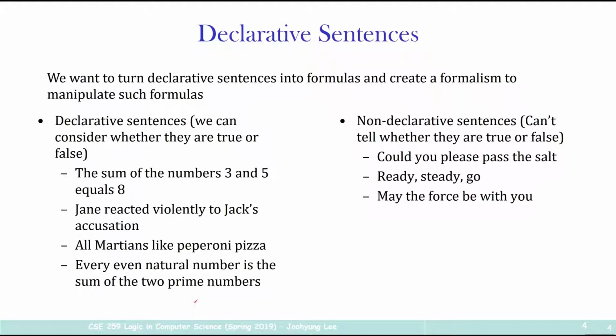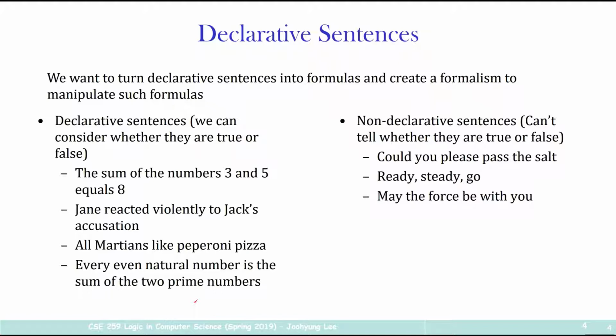Why is it false? What is the counterexample to this claim? 1. But 1 is not an even number, so we don't have to care about it.